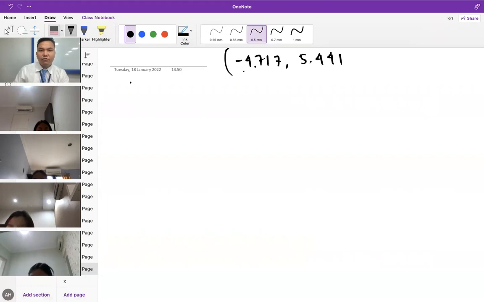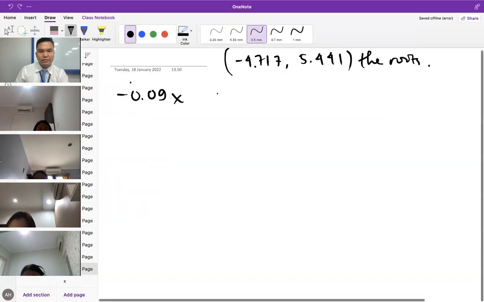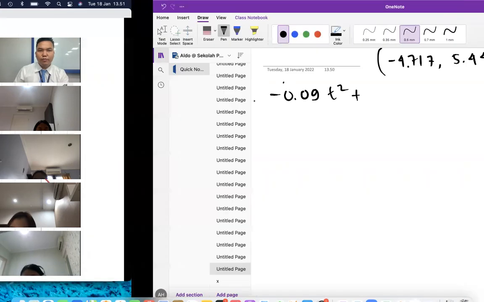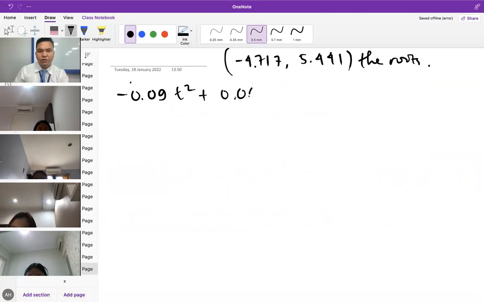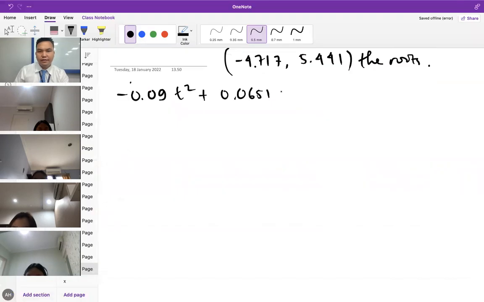These are the roots. Now I will write down the equation: 0.09 t squared plus 0.0651 t plus 2.31 is equal to 0.